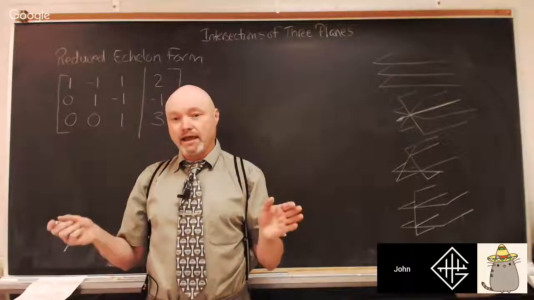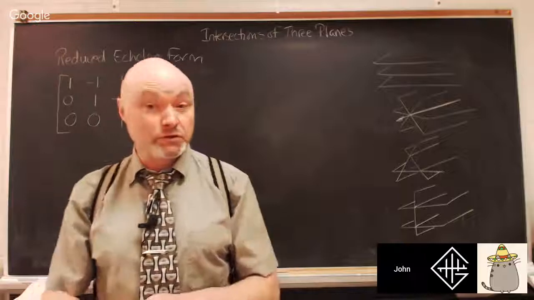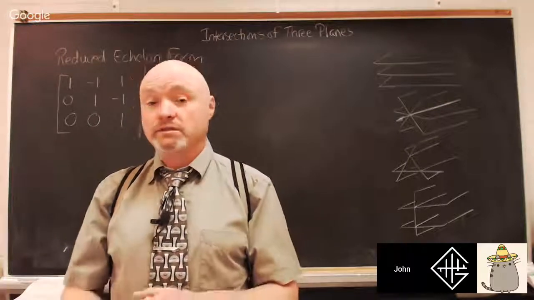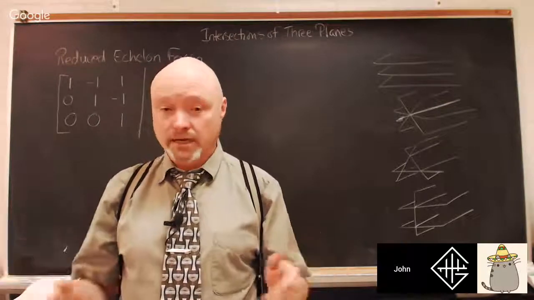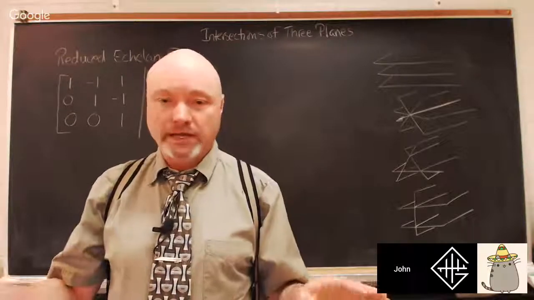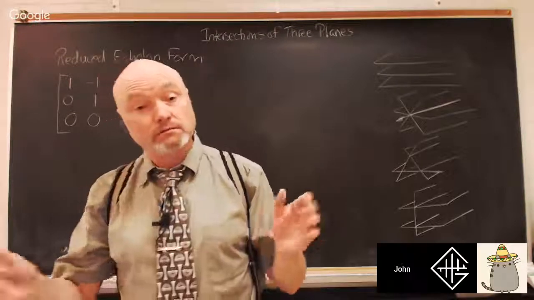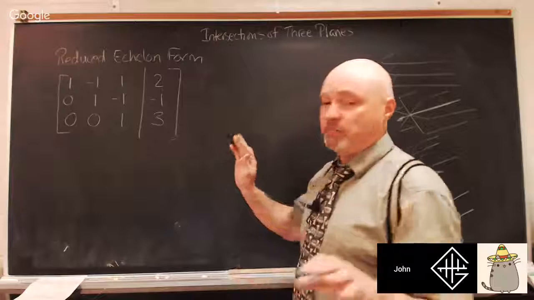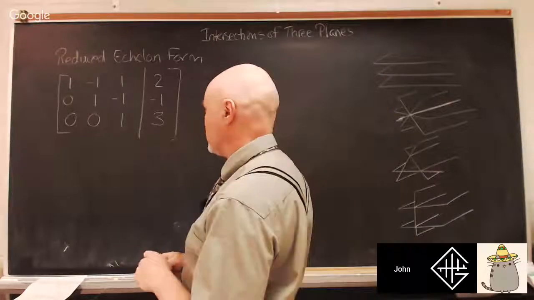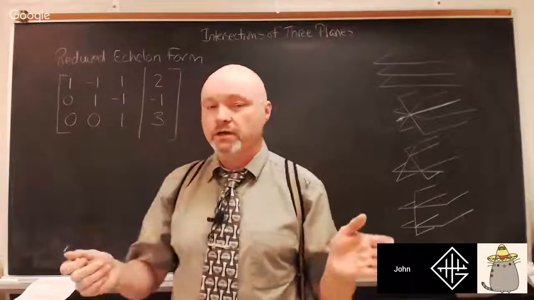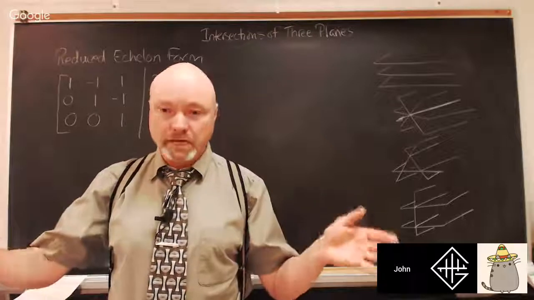So we've been looking at the solution to systems of equations, which in 3 dimensions is the same as saying, where do 3 planes intersect? Or 2 planes. All right, but before we do that, I want to go into something called row-reduced echelon form of the matrix.